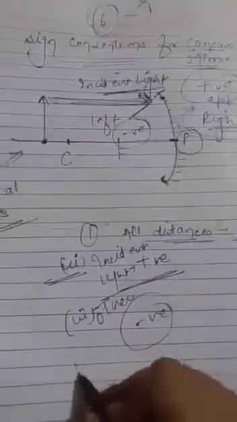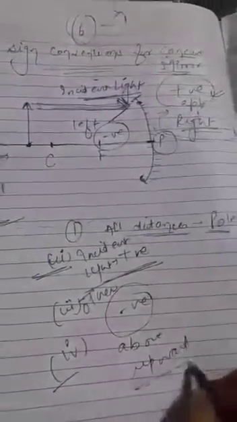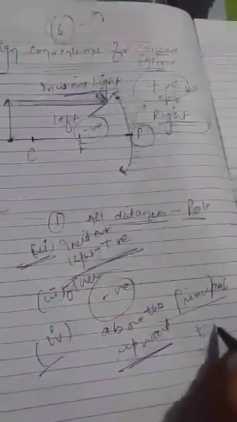Okay, the fourth point, as I told you, if the object is placed above the principal axis, or we can say in the upward direction, then the object will be positive.